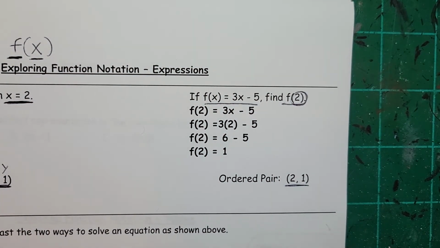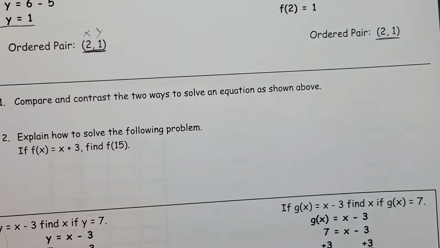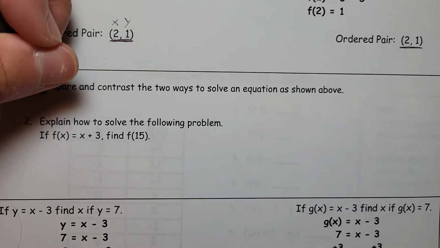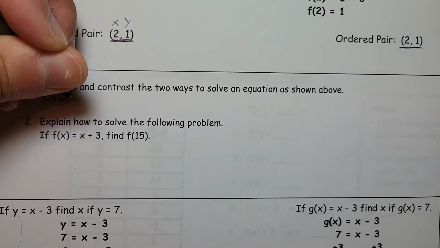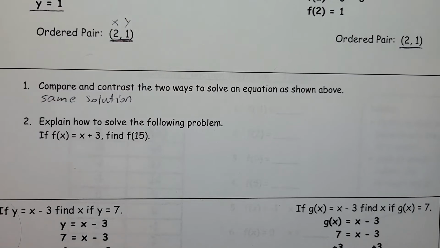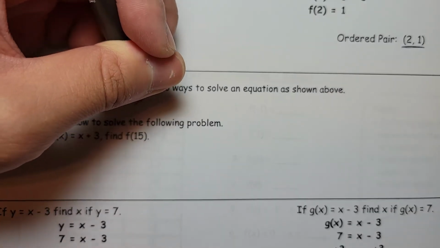Now, for question number 1, compare and contrast the two ways to solve an equation as shown above. We can see that we get the same solution. However, we used the same steps.